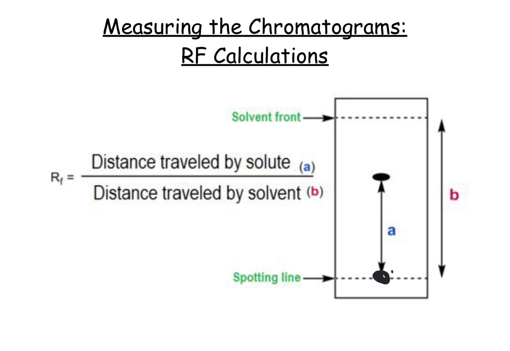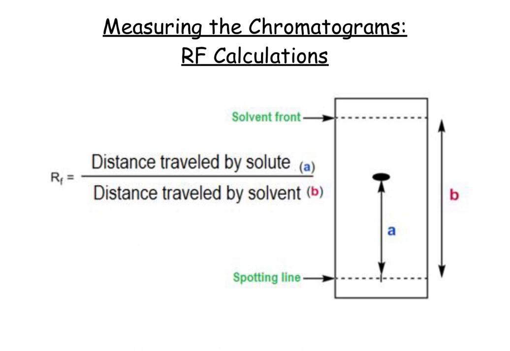Has traveled up the paper to a certain location, okay? So 2 things I need to calculate what's called RF value. So RF value is a retention rate, essentially. So it's measuring how far a substance goes in the solvent. The further it goes, the more soluble it is in that substance, and the smaller the molecule.